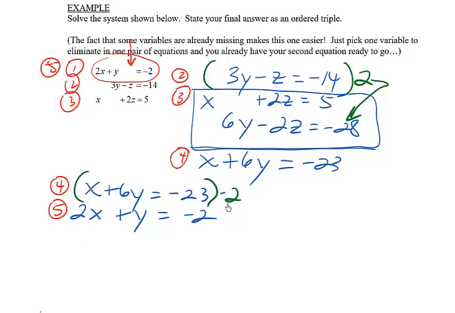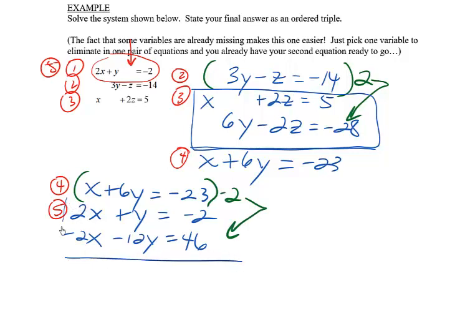That's going to give me negative 2x minus 12y and positive 46 when I multiply that out. And now I can take those final two equations and add them up. The x's drop out, the y's give negative 11y, and the numbers give 44. We've been calling that equation 6.